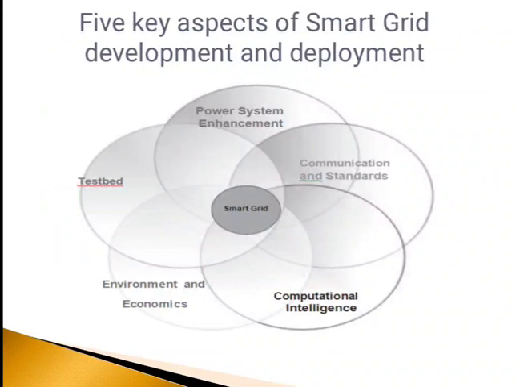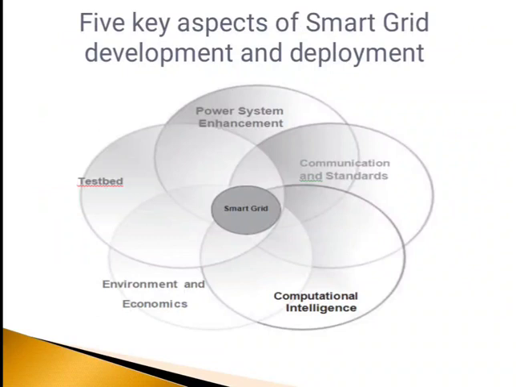Let us start with computational intelligence. Why has computational intelligence become a very important aspect of smart grid development? Computational intelligence is the term which describes the advanced analytical tools that are very much needed to optimize the bulk power network.